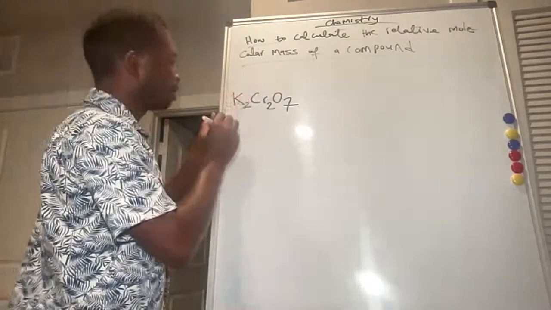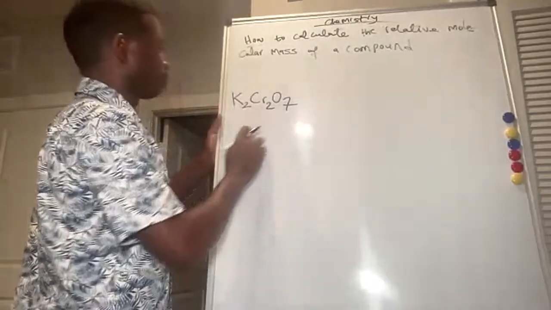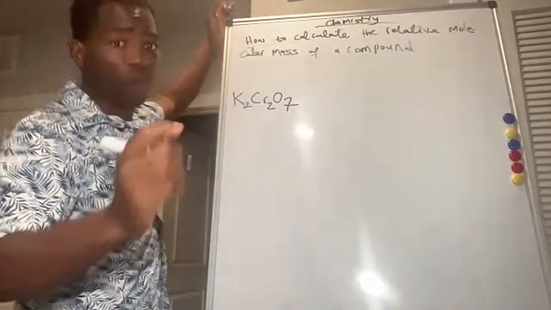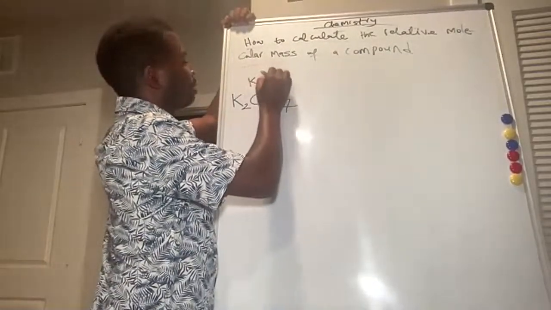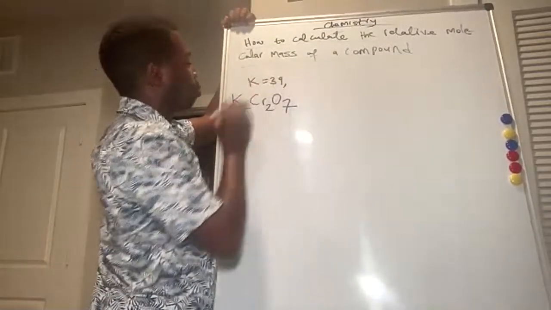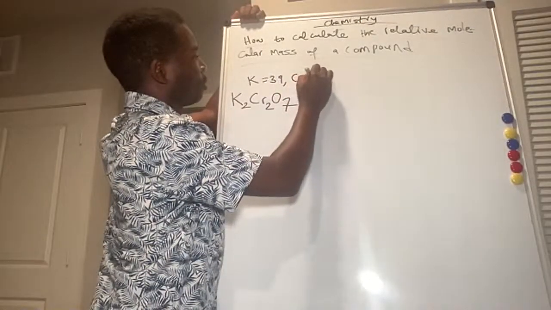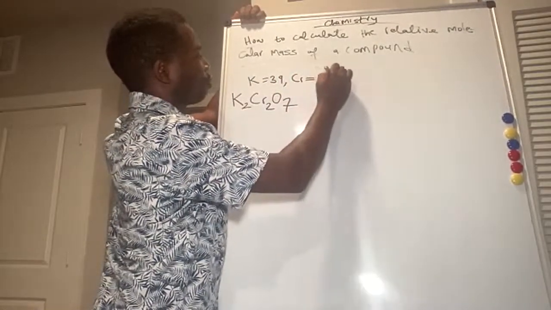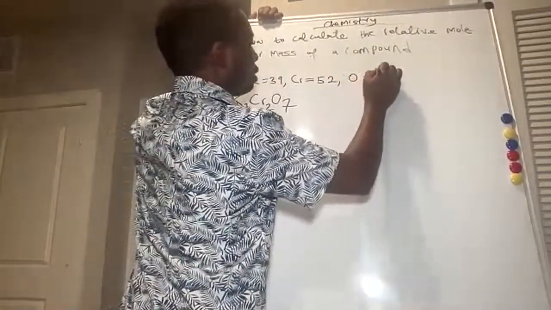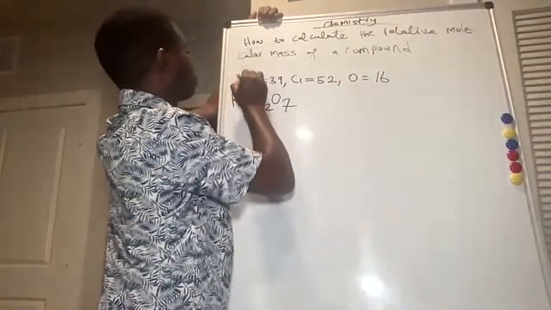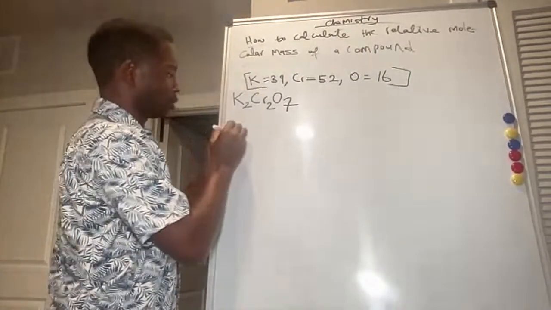So let's calculate the relative molecular mass of this compound. Before we proceed, what is the mass number of potassium? It is 39. What is the mass number of chromium? 52. What is the mass number of oxygen? 16. So now let's proceed.